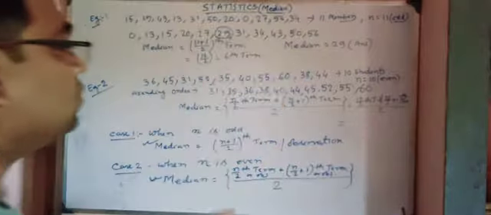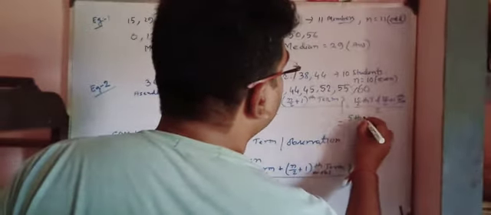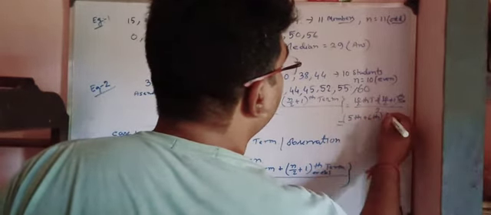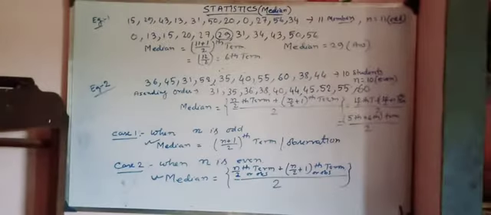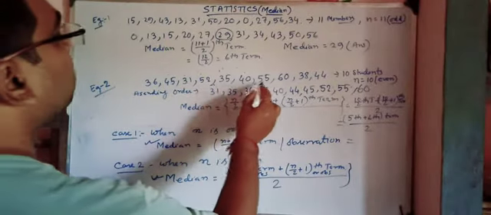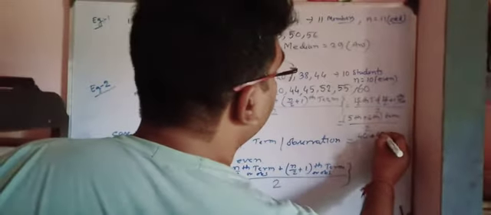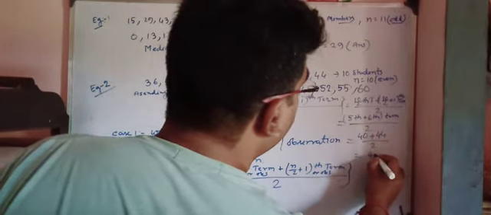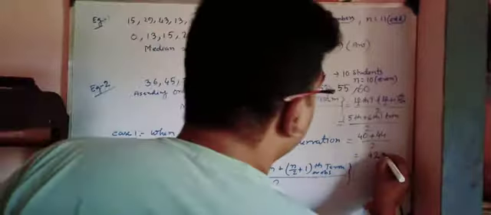So that's the fifth term plus the sixth term, whole divided by 2. Here my fifth term is 40 and sixth term is 44, divided by 2. So the result we get is 42. So 42 is my median value. That is my required median.